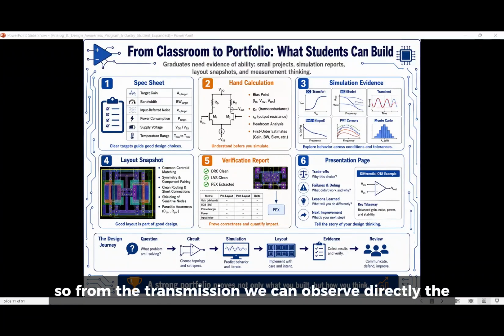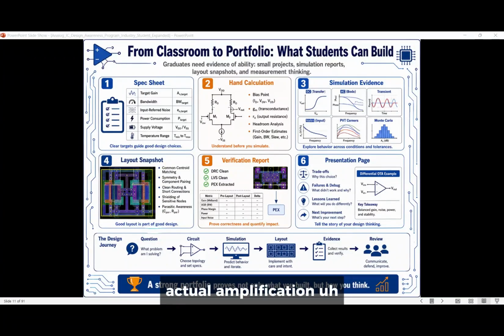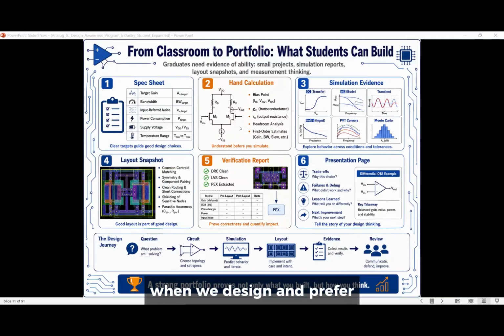So from the transient, we can observe directly how the output waveform is related to the input, and what the actual amplification factor of this circuit is.